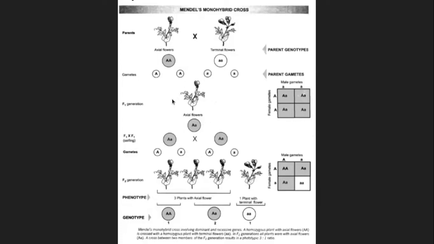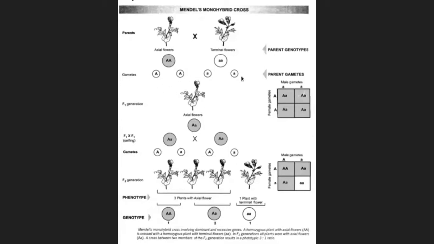Now, when the F1 generation was produced from crossing axial flower with terminal flower, all the four possible combinations, which I'll show you on the board and which are also shown here, will produce axial flowers, right? Because they will always have one allele from one parent, capital A, and the other from the other parent, small a.